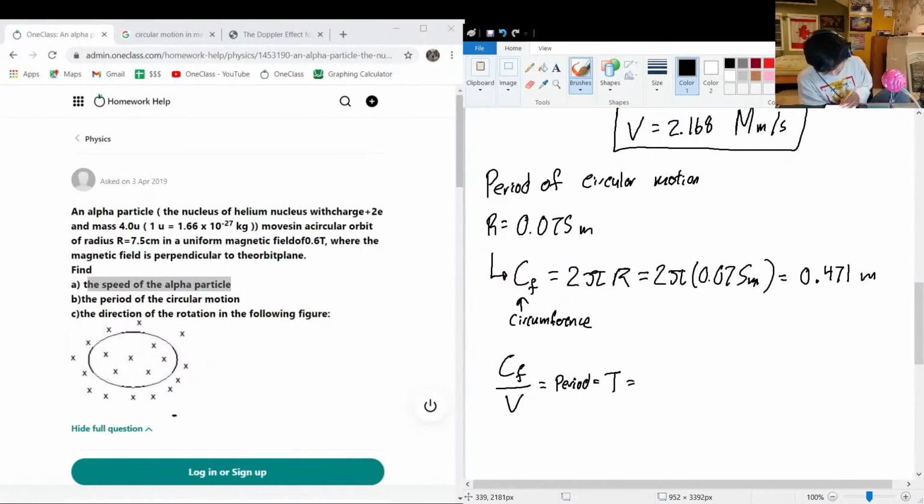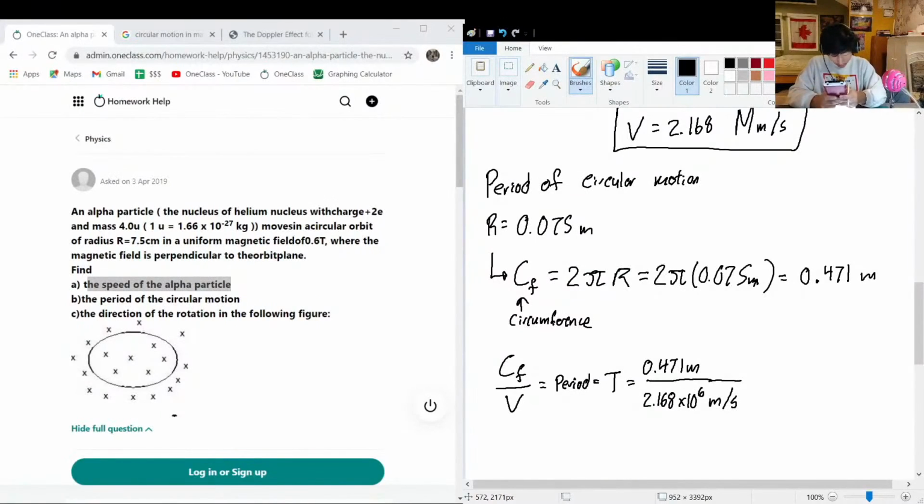So here we'll have 0.471 meters divided by 2.168 times 10 to the positive 6 meters per second. You can see how the meters cancel each other out. The per second goes upstairs and becomes just regular seconds. And I'm expecting a very small amount of time, because that is something very fast, traveling not a very large distance. So I expect a very small number.